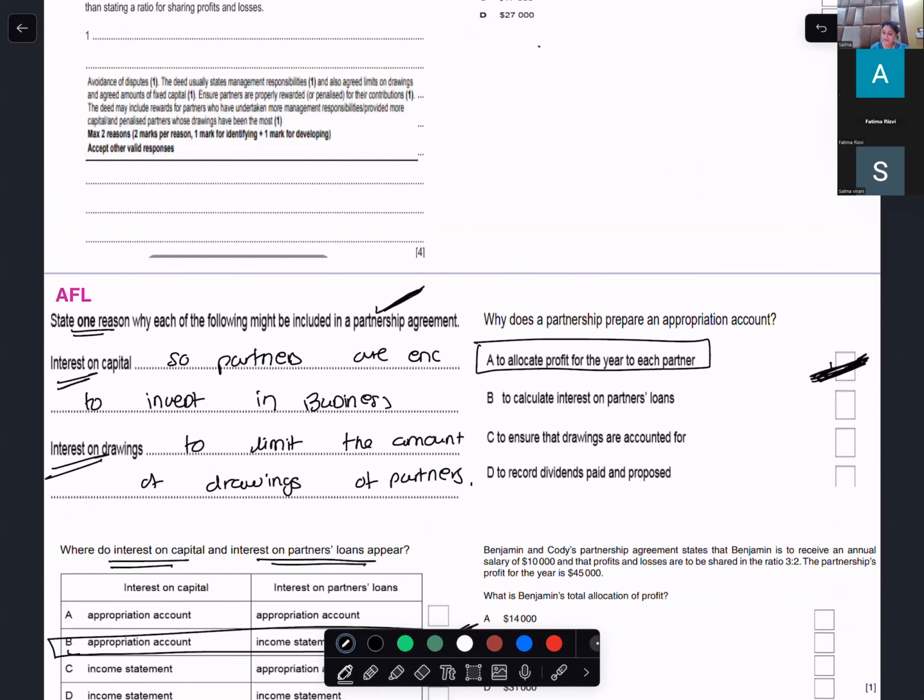Now understand, profit for the year we get from the income statement, right? Then this profit is appropriated. Appropriated means you could say this profit is distributed amongst the partners.